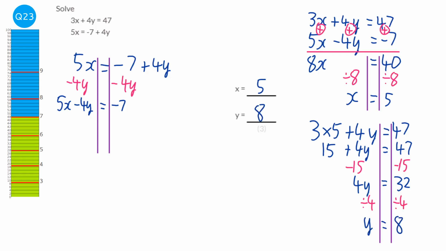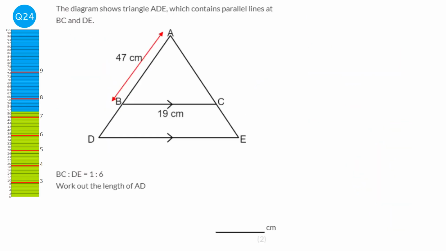Now we can check that using this equation here. So 5 times 5 is 25, take away 4 times 8, which is 32, is minus 7. So we know we've got it right. With these questions, it's normally easier to view these as 2 separate triangles. So we've got a small triangle here with 19 and 47.